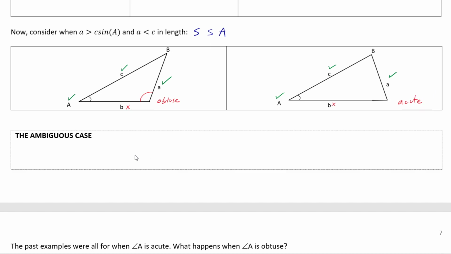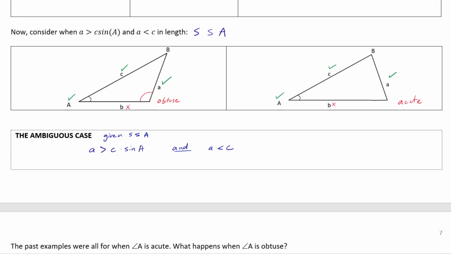So the ambiguous case arises if, given side, angle in a question, it meets the following criteria.